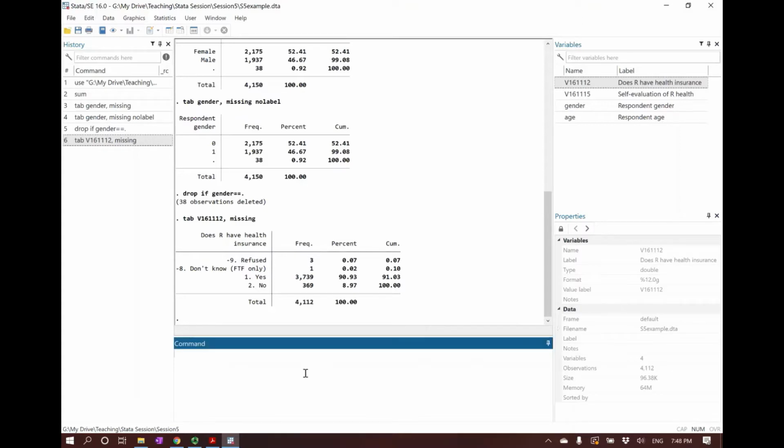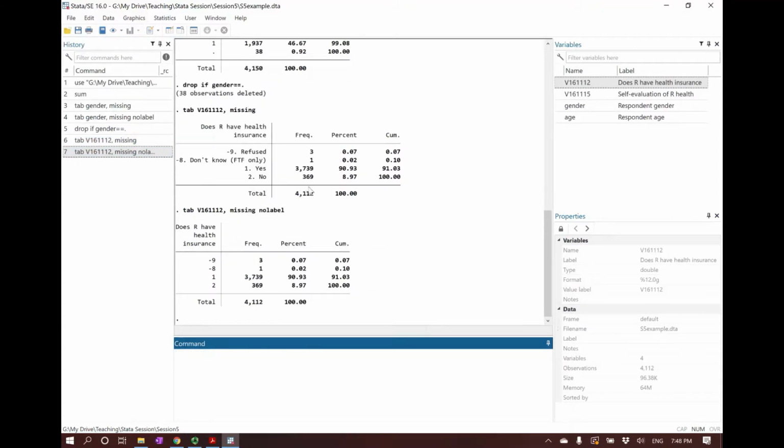And also, I'd like to know the numerical values assigned for these 4 categories. So I will do tab, missing again with nolabel. So now I know that -9 and -8 are associated with refused and don't know, and I have 1 for yes, 2 for no.